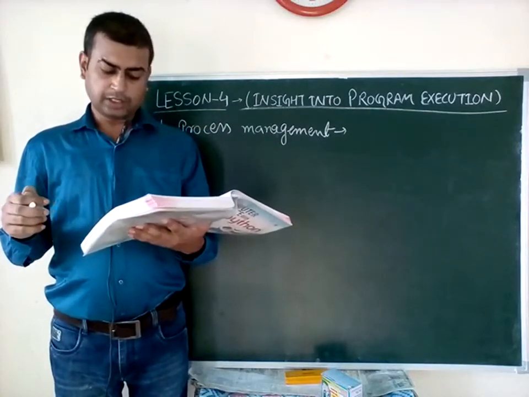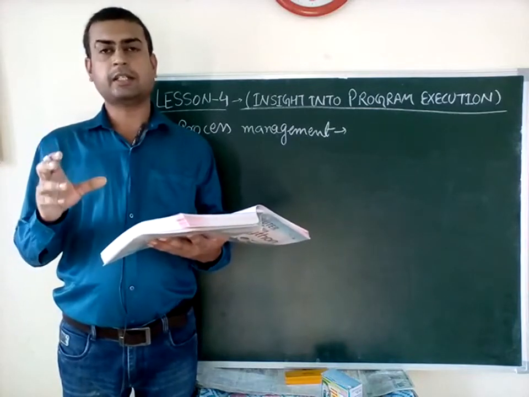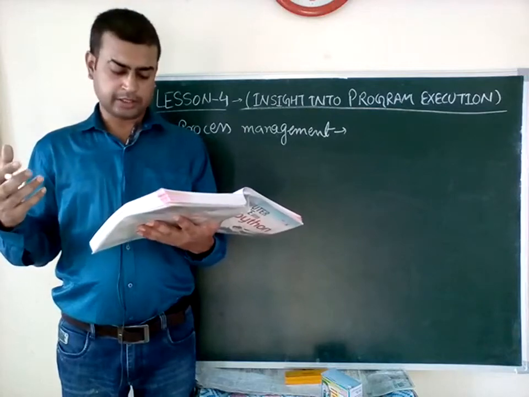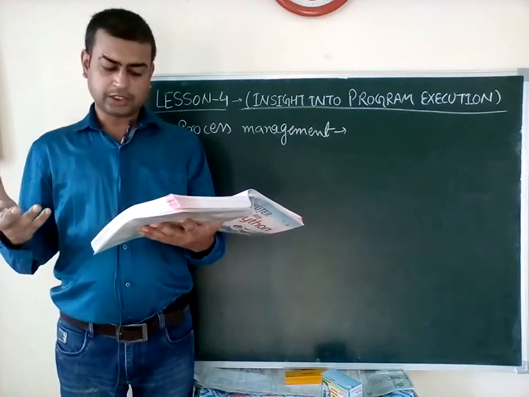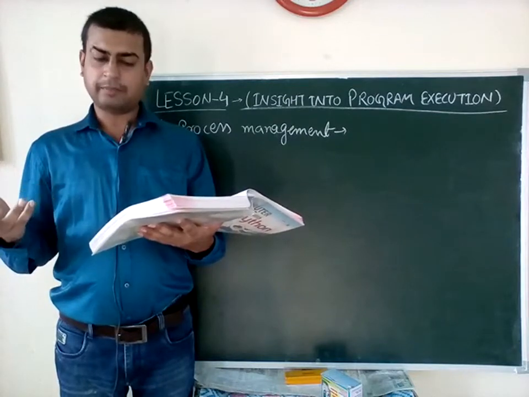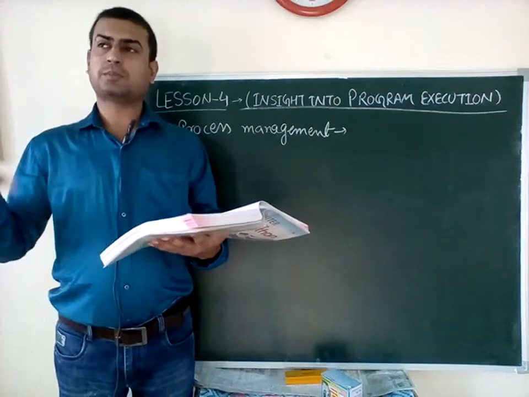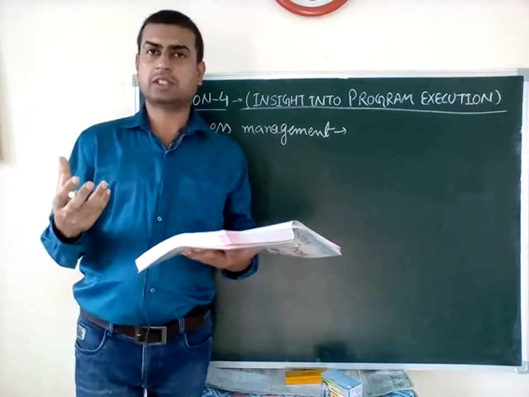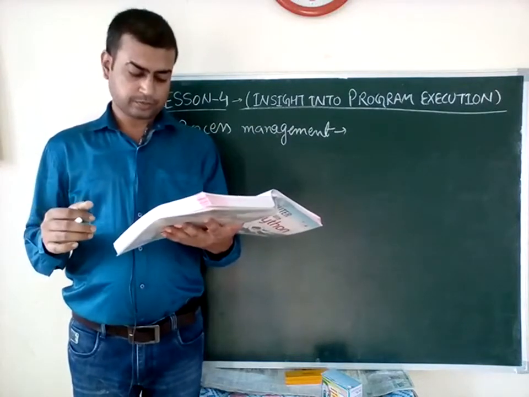Now CU determines what type of instruction this is. Is it a mathematical work? Is it a logical work? Is it a simple memory input output, or is it a simple output, means one has given a paint program and some output he or she wants. So this will be identified by the CU.